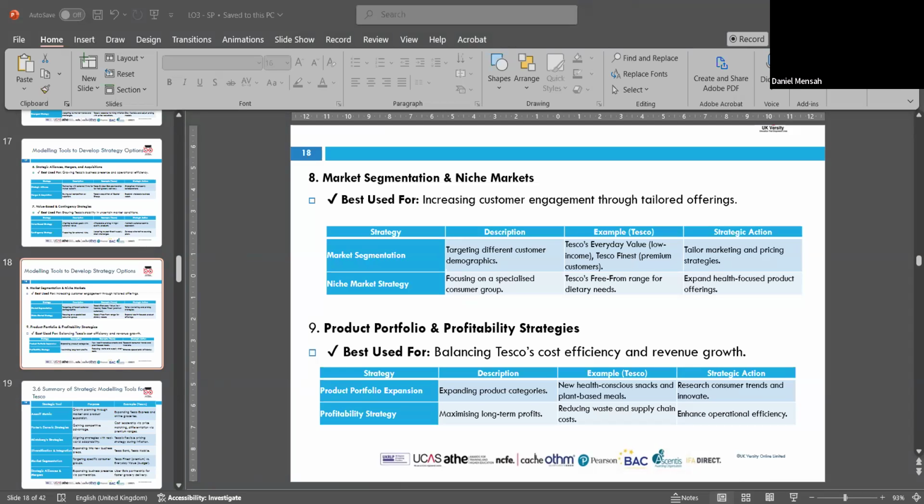With this, you create more tailored marketing strategies, pricing strategies, or offerings, reaching specific customer groups more effectively with more customized advertising or campaign messages. We can take an example of Tesco. In this case, they are offering value meals or product lines for price-sensitive or low-income groups.